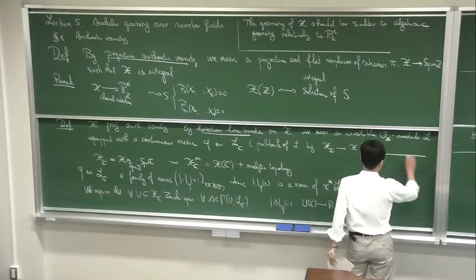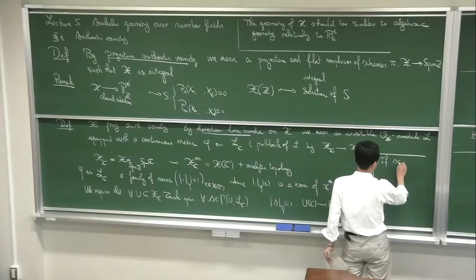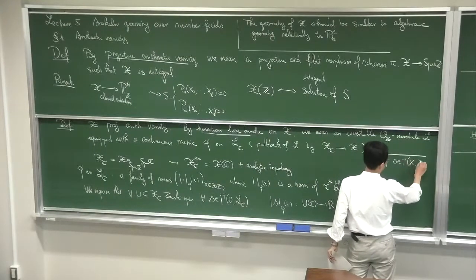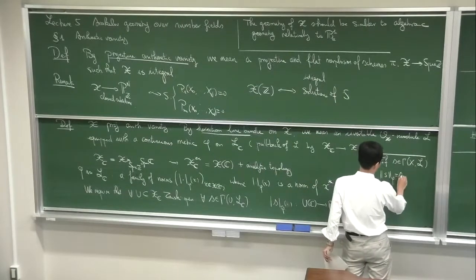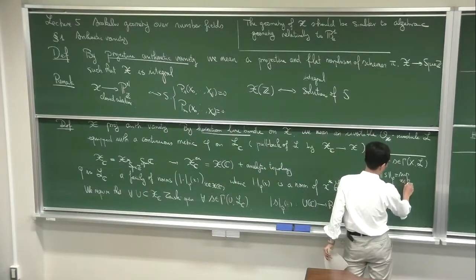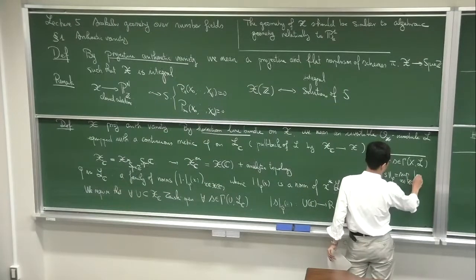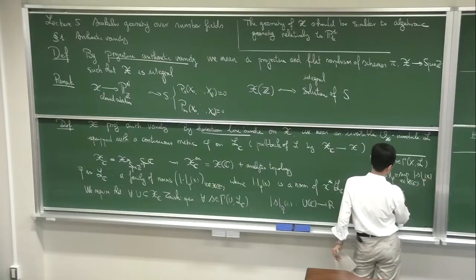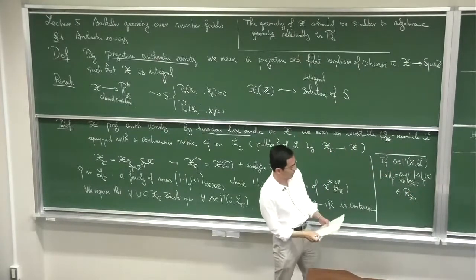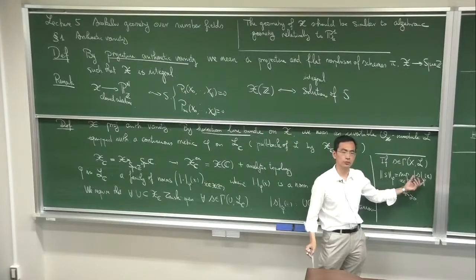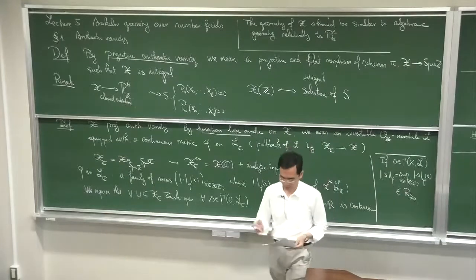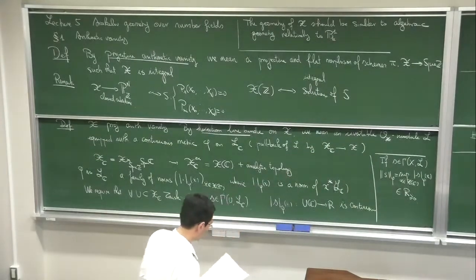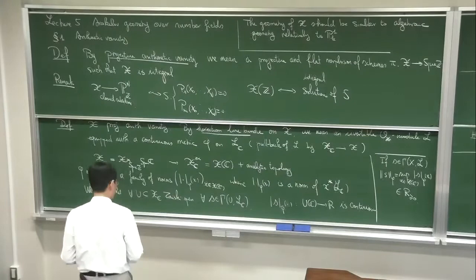So now, of course, if you have a global section, you can define the sup norm of s as the supremum of the norm of s at x for x in XC. This is always a non-negative real number, because you have a continuous function on some compact set, and you always have its maximal value, which is not infinity.